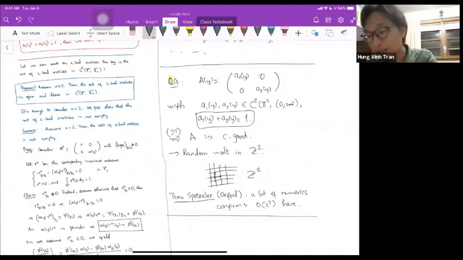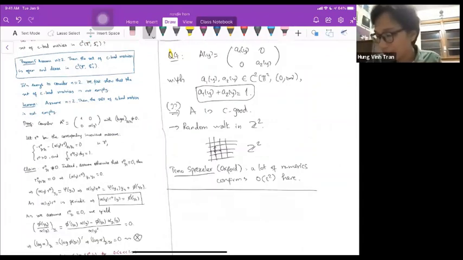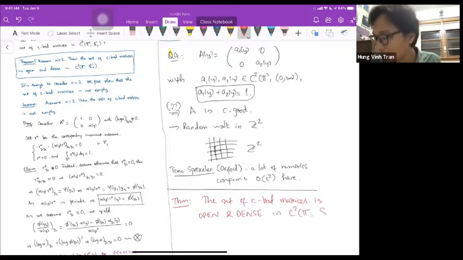It turns out that we can prove the following, let me just recast the theorem here: the set of C-bad matrices is open and dense in C2 Tn maps to the set of symmetric positive definite matrices.